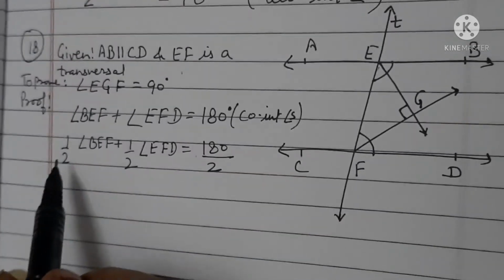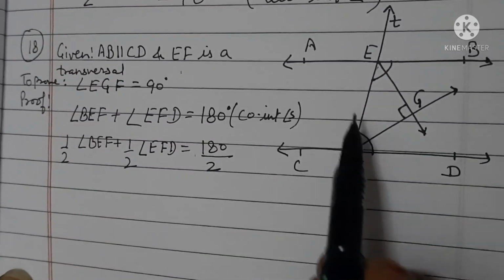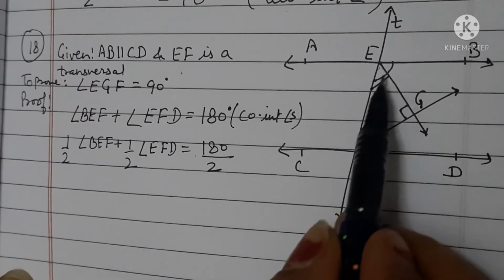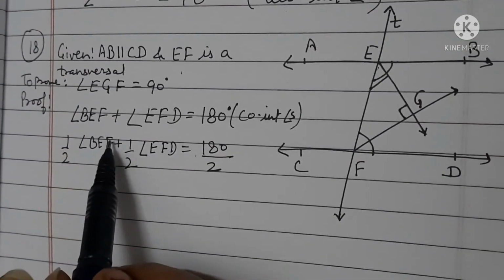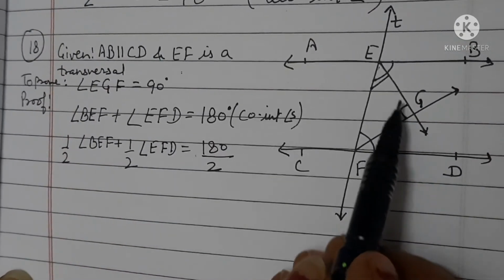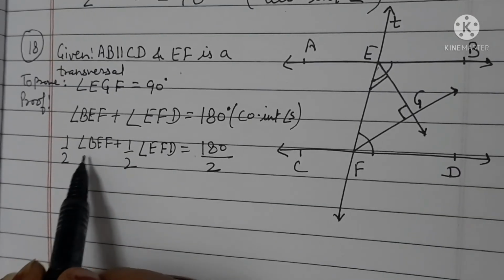So this becomes half of BEF, you can take this part because both are equal. So you can write angle GEF instead of this.